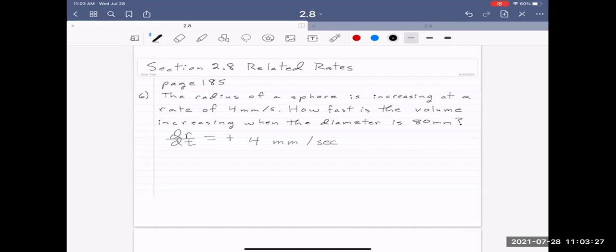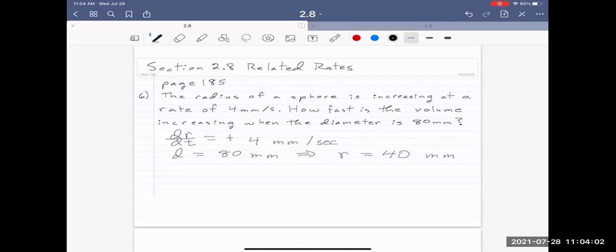The diameter is 80 millimeters. None of my formulas that I know of involve diameters. So I'm going to write this as a radius instead. So if the diameter of your sphere is 80 millimeters, then your radius is 40 millimeters.